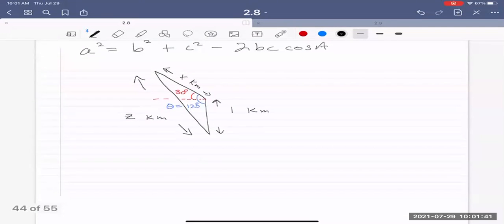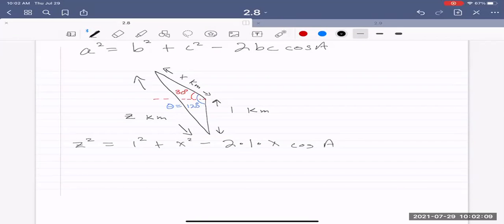I have z squared is equal to b, let's call it 1, plus c, I'll call it x, minus 2bc cosine A. Okay.